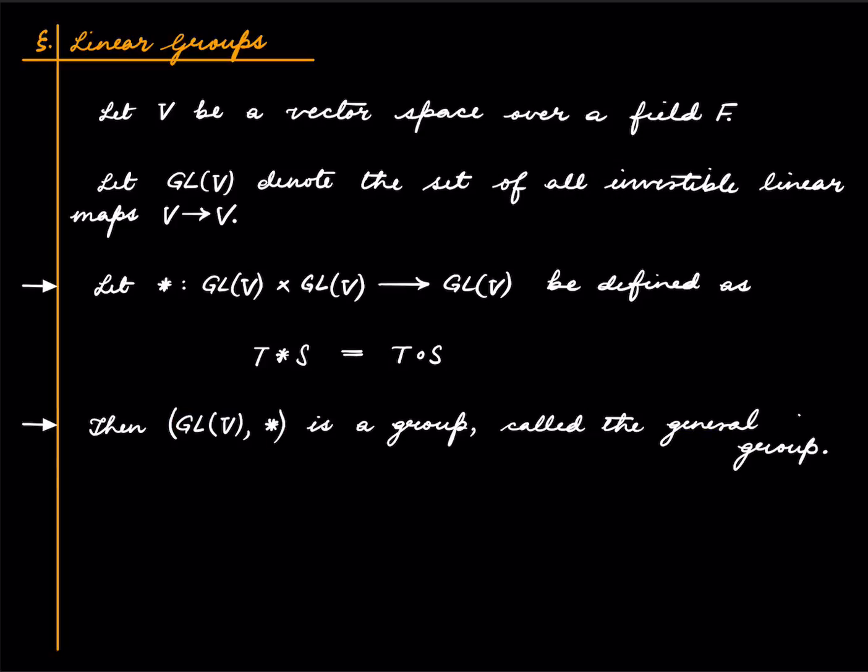General linear group of the vector space V. Okay, so again, philosophically, what is it trying to capture? Now, V is a vector space, so you can also think of it as a set.